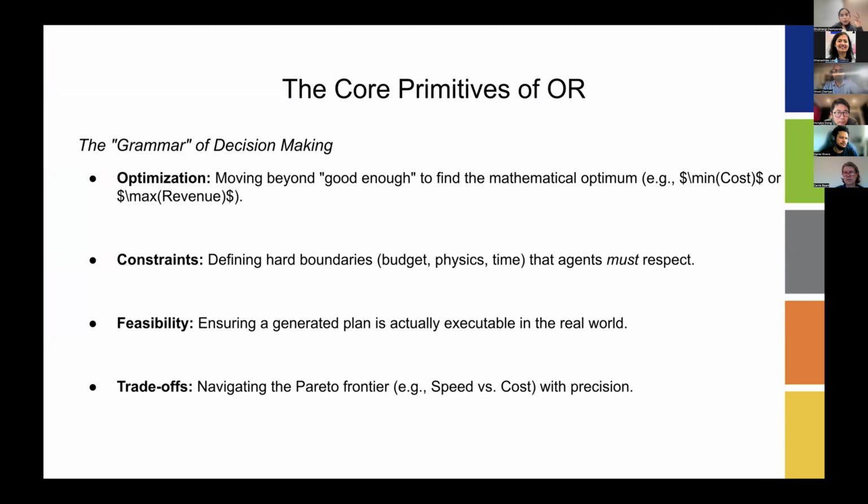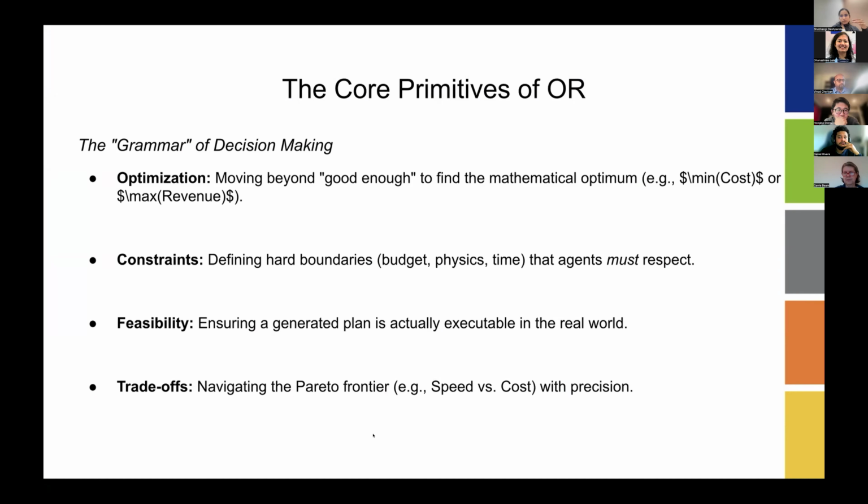To understand why this is necessary, let's have a look at the grammar of decision making. OR provides 4 primitives that large language models often struggle with on their own.